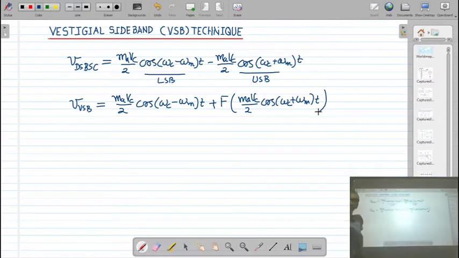Fraction means you can have a fraction of 10%, 20%, 30% according to your requirement. You can send this information.